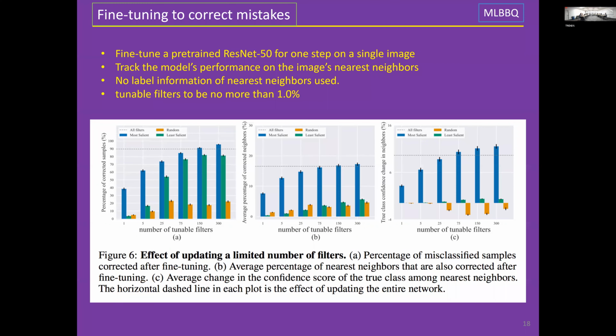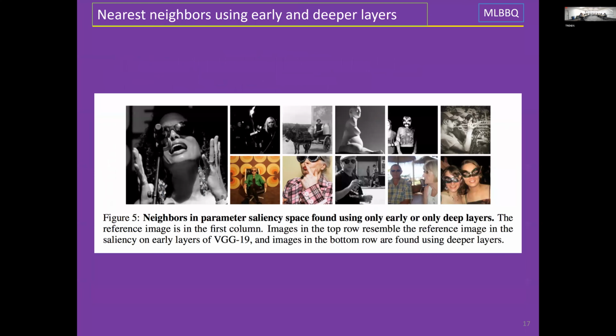Now they are showing a very interesting experiment. They are just fine-tuning on a single image to correct those malfunctioning parameters. Can you explain again? So earlier I take an image. The image is misclassified. I take the saliency with respect to the correct class.